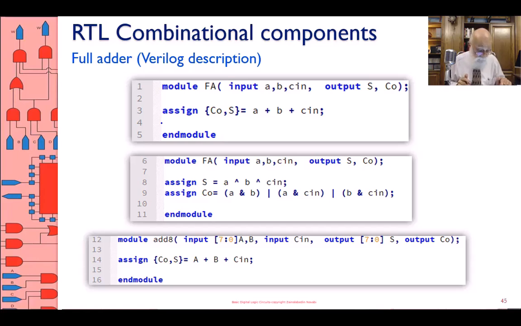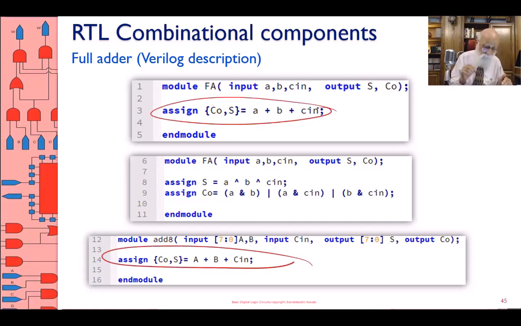How about the 8-bit adder? I can either take a single full adder, repeat it 8 times as I wish, or any number of times as I wish, to build a larger adder, or I can write an 8-bit adder. An 8-bit adder has A and B 8 bits, carry in, and then sum is 7:0, and then I have the carry out, and then I use the same exact description that I used up here, except that down here my capital A and my capital B are 8-bit vectors that I'm adding.